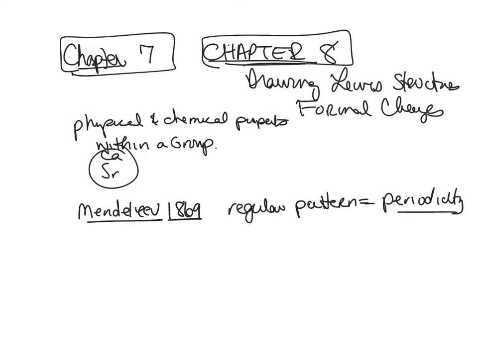So this is why it's called the periodic table. By 1900, more than 30 more elements had been added to the list. He had lots of different empty spaces. If you ever can Google online and see the first original periodic table, it's really fascinating.